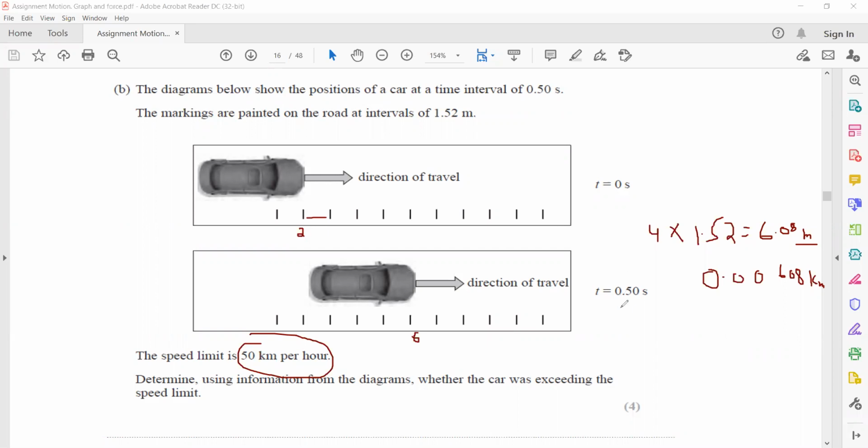What about the time interval? The time is in seconds, which is 0.7. But we have to convert into hours. So we divide by 60 to convert into minutes, and then divide by 60 to convert into hours. This will give us the time in hours. And then distance divided by time.